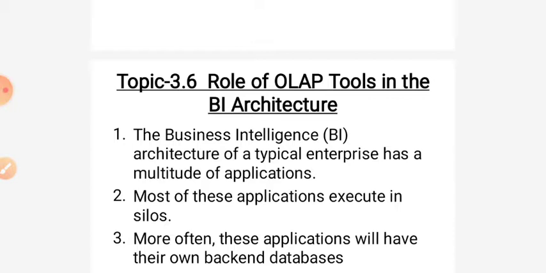Most of these applications execute in silos. Silos means in isolation. Point number three. More often, these applications will have their own backend databases. So each application will have its own database which will support the application.